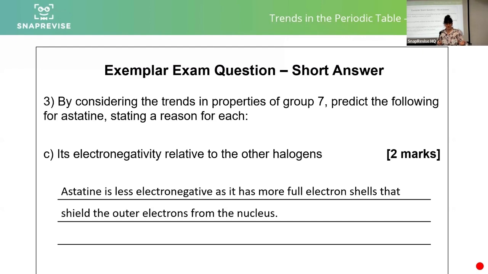So all they're interested in is, can we explain the trend, not can we justify the difference in size or anything like that. Can we compare? We're not looking at both sides of the argument. They're only interested in a short answer. So I only need to give one side of the argument. Again, thinking about what the examiners are looking for? Why are they asking us that question? Okay, let's keep going.